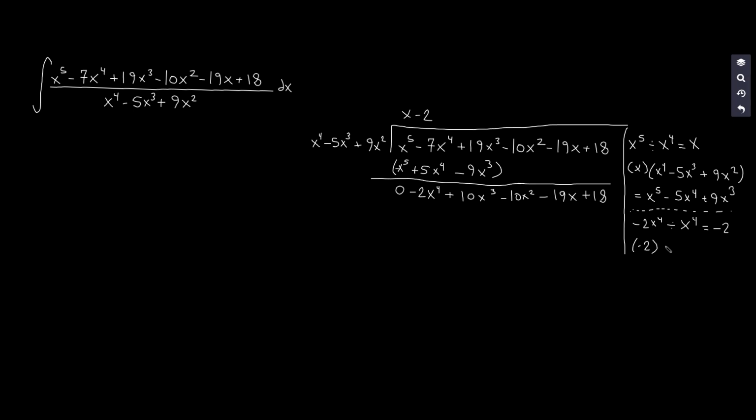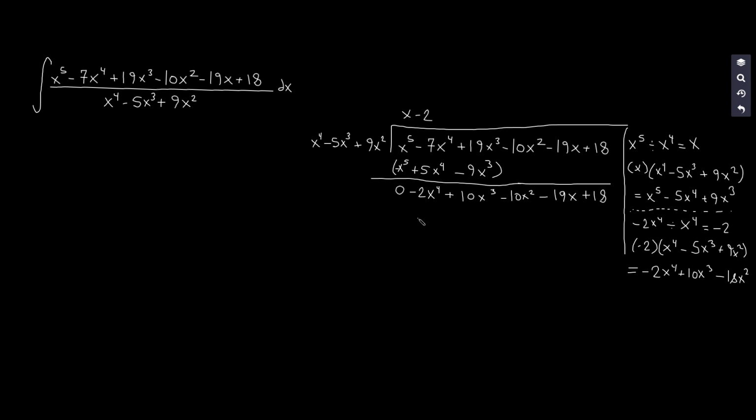Negative 2 times x raised to the fourth minus 5 times x raised to the third plus 9 times x raised to the second. And then, well, that's going to be negative 2 times x raised to the fourth plus 10 times x raised to the third, plus, no, minus 18 times x squared.